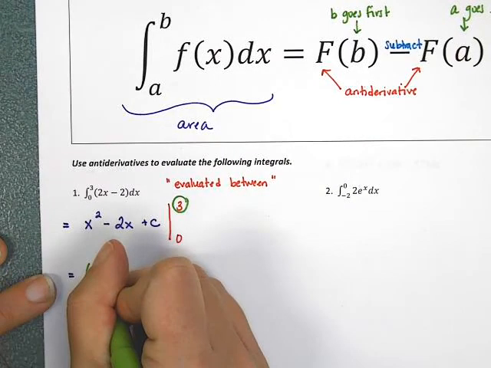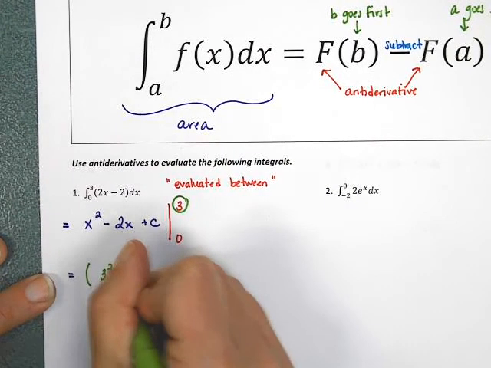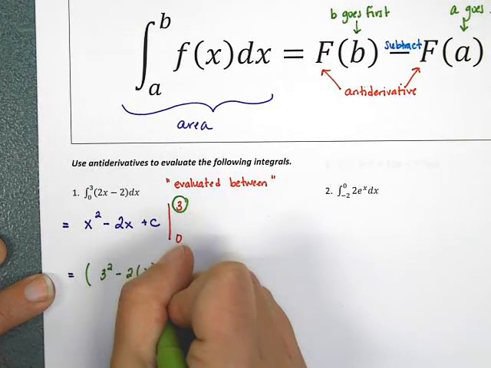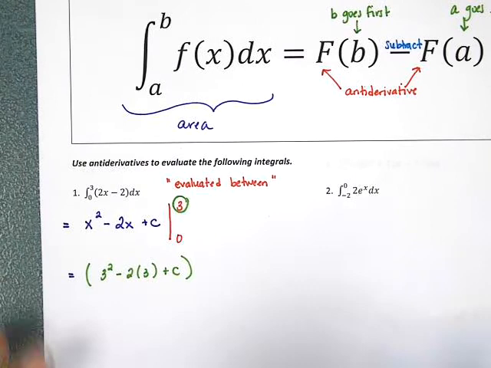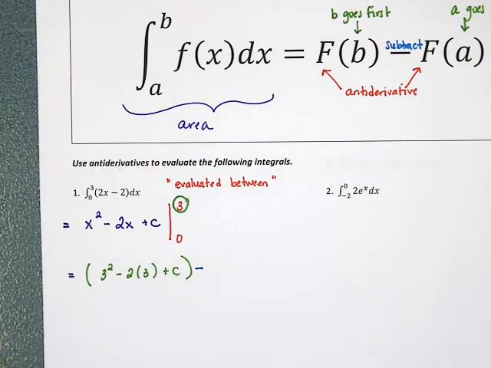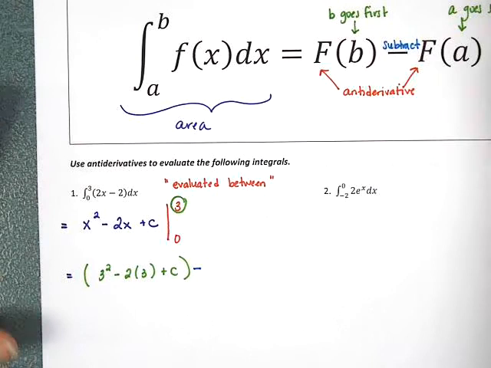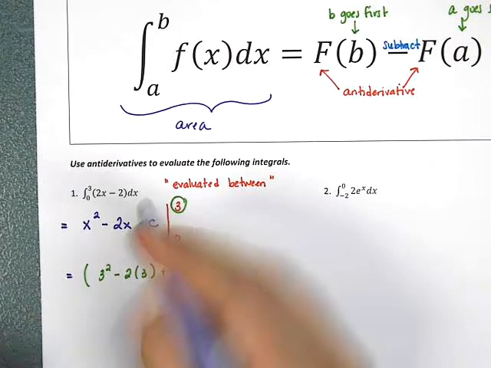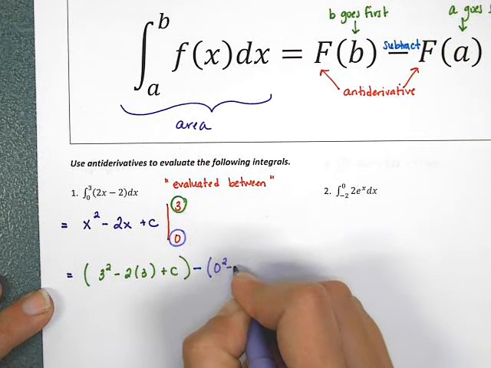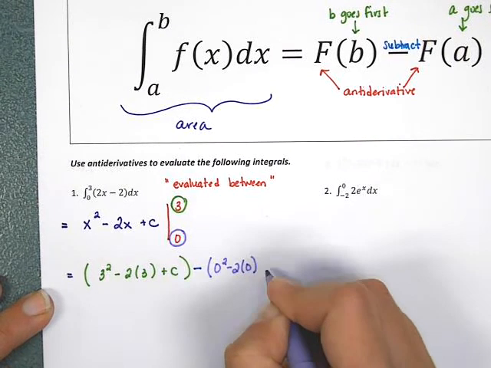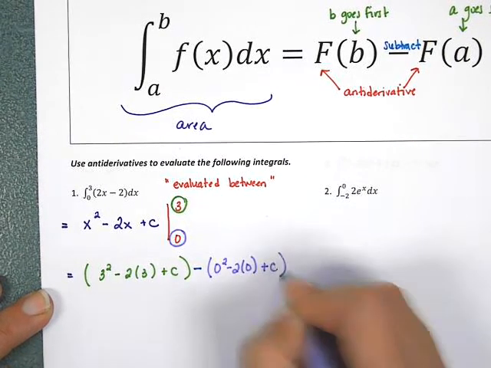I'm going to have 3 squared minus 2 times 3 plus c, minus, and now I'm going to plug in the 0. So 0 squared minus 2 times 0 plus c.